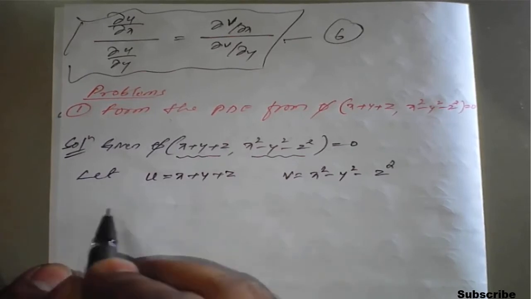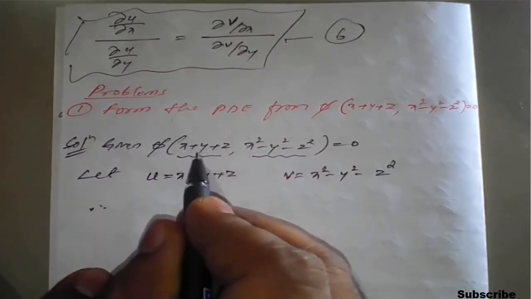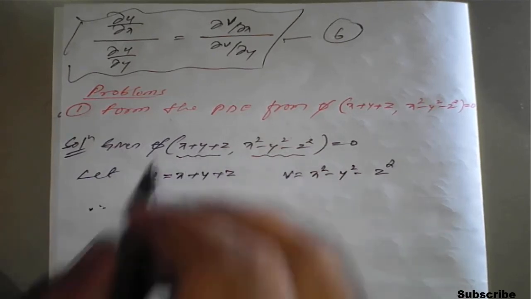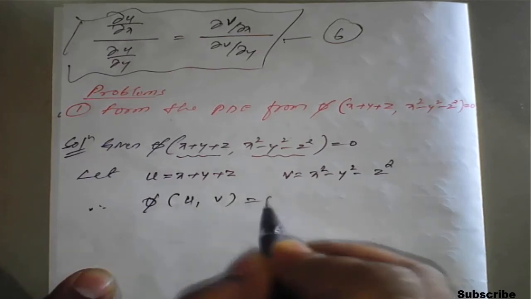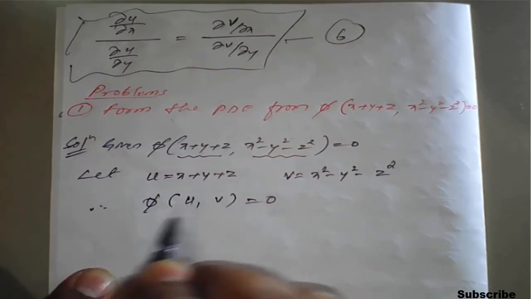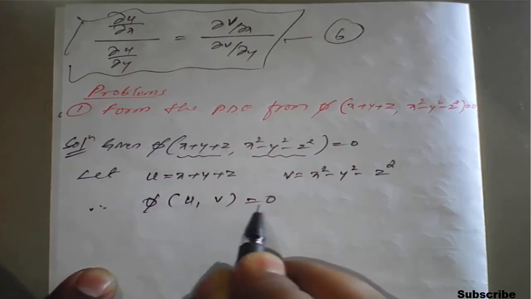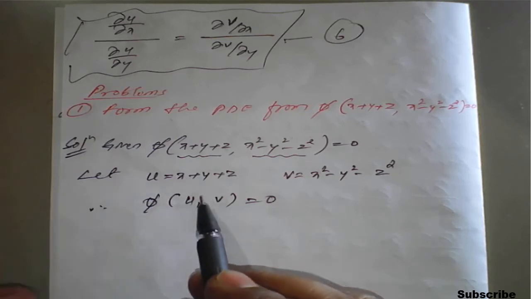So u is the first term here, means first function, and v is second function. Therefore it becomes phi of u comma v equal to 0. So this is what we got in the steps we have seen, phi of u comma v equal to 0. If such is there, how we have to simplify, we have to check now.